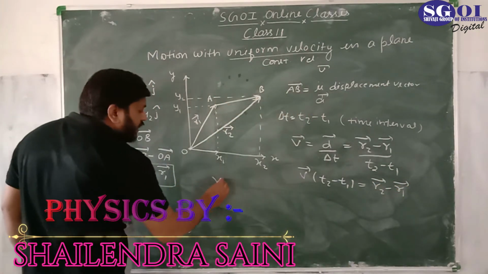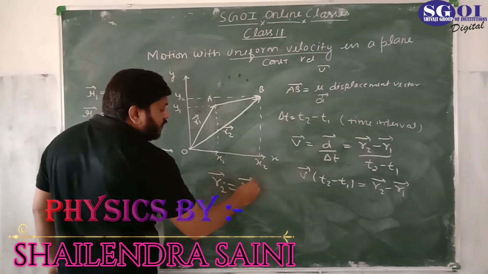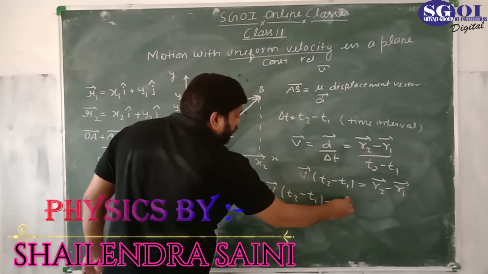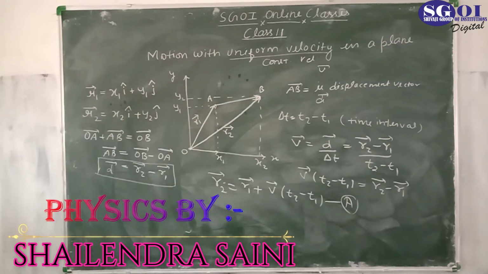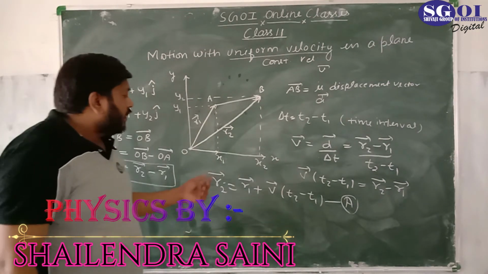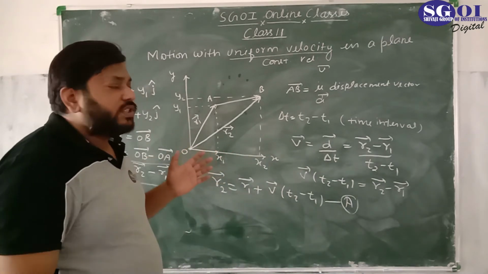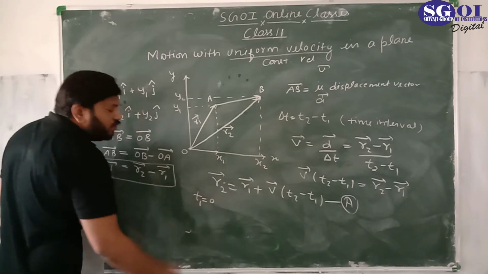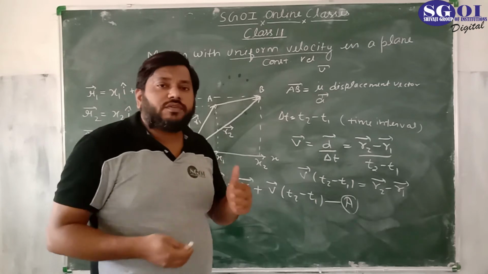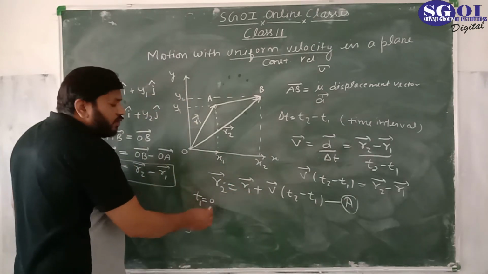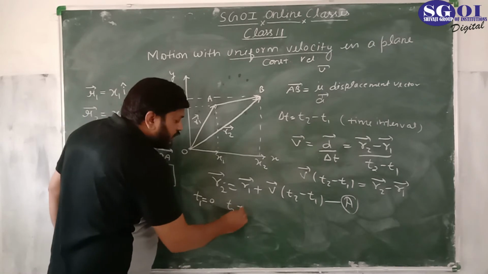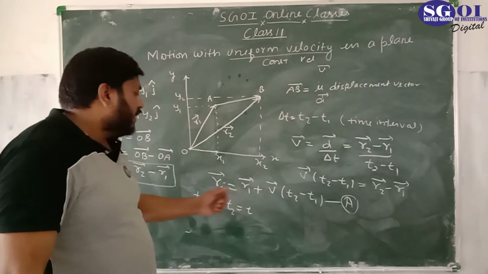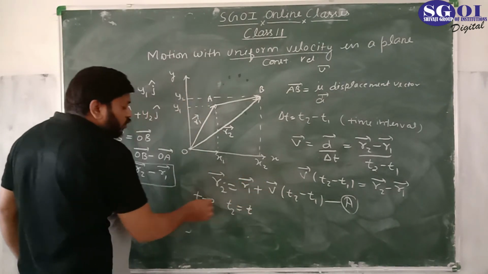From here we can say r2 vector equals r1 vector plus v vector times (t2 minus t1), equation A. Now if we assume the initial time, when we start observation, is t1 equal to 0, and t2 is equal to t, meaning the object moves from A to B in t seconds, then t2 minus t1 is t.